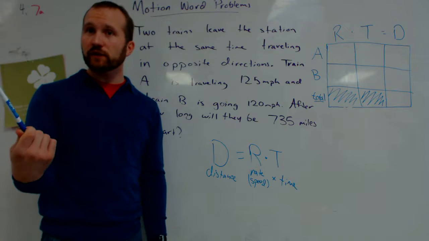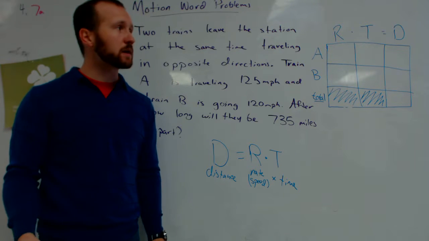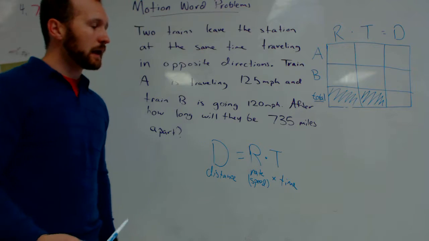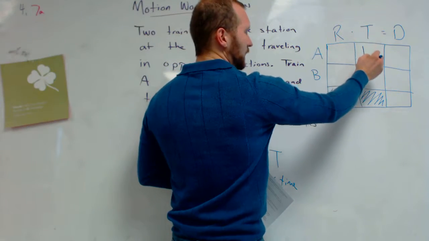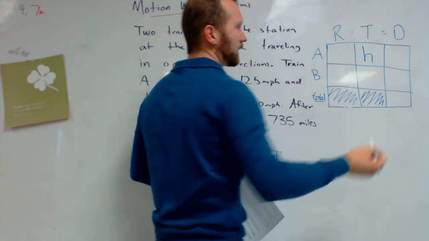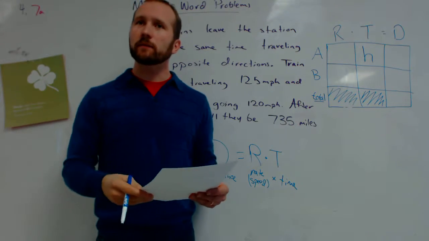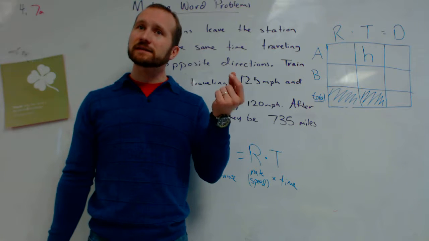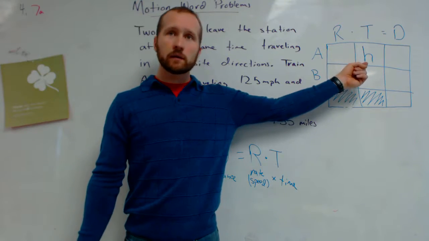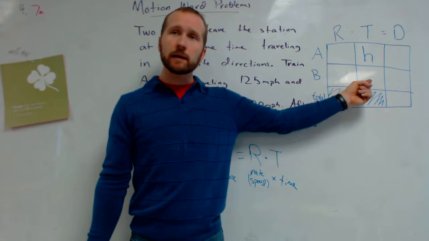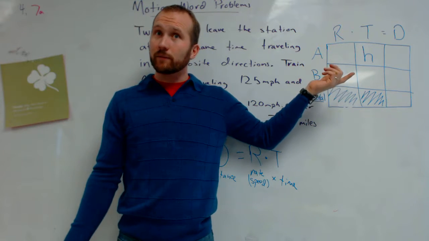And we could use h for hours or t for time, whatever you want to use. And the key is that we don't know the time that this train has traveled. So I'll use h. I love that idea. But what do we know? If the trains left at the same time, train A's time and train B's time would be the same, right?